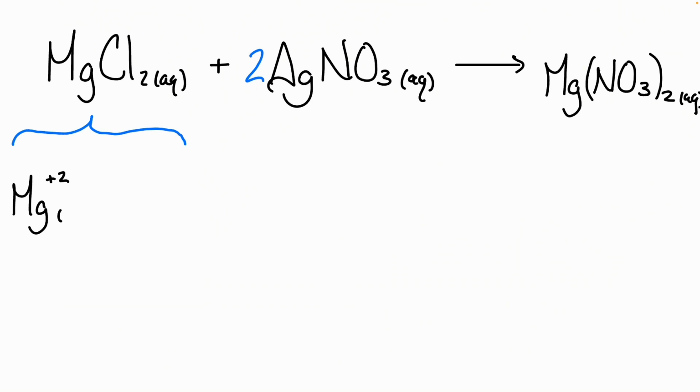It's going to keep that AQ for being aqueous. And I'm also going to break this up into my chloride ions. But when I break this up, I get 2 chloride ions, because in my formula here, there are 2 chlorides.